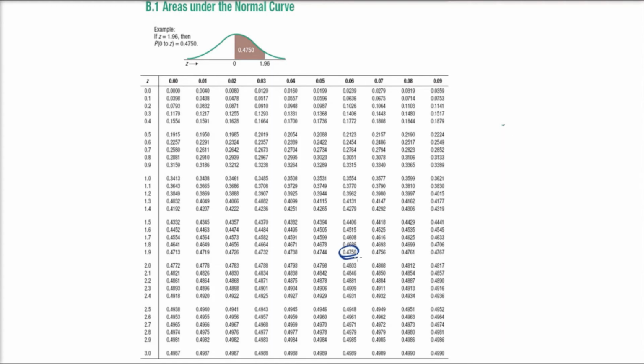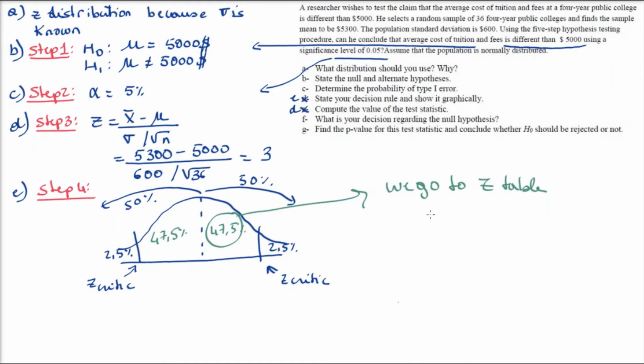We go to our Z table and search for 0.475. We find a Z critique of 1.96. If Z calculated falls between minus 1.96 and 1.96, H0 is not rejected, while if Z is higher than 1.96 or lower than minus 1.96, H0 is rejected.